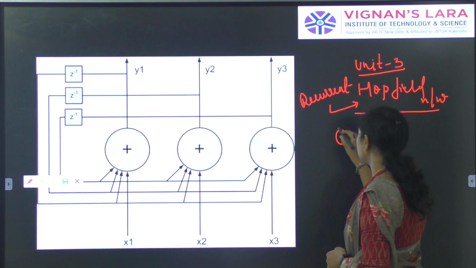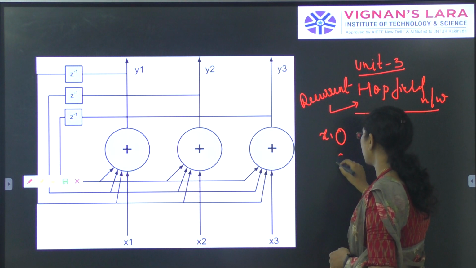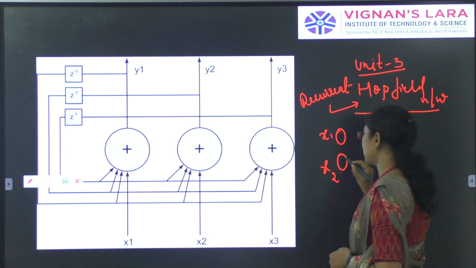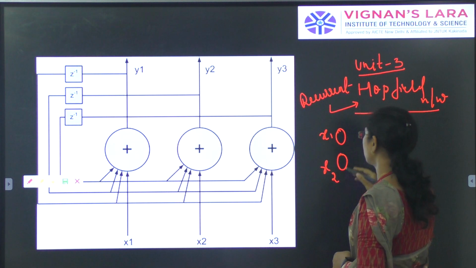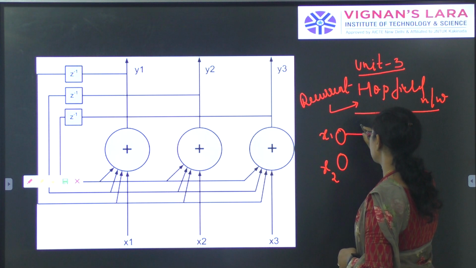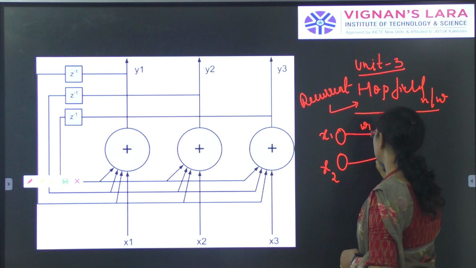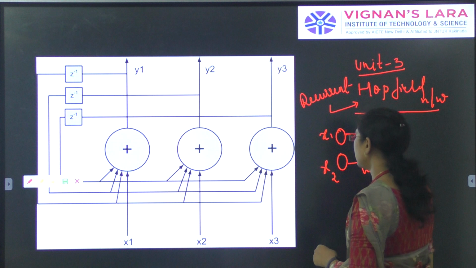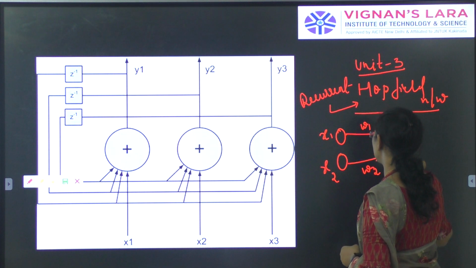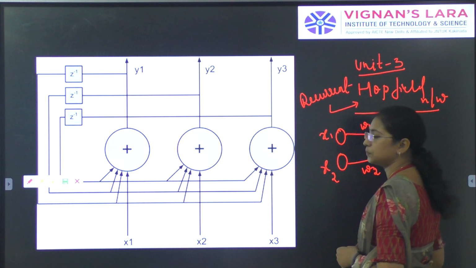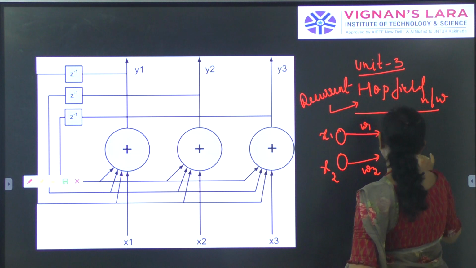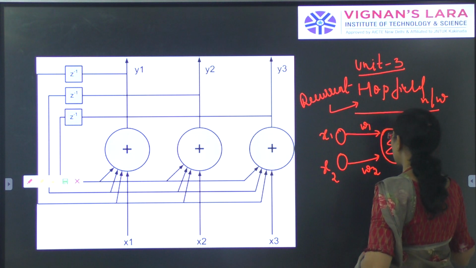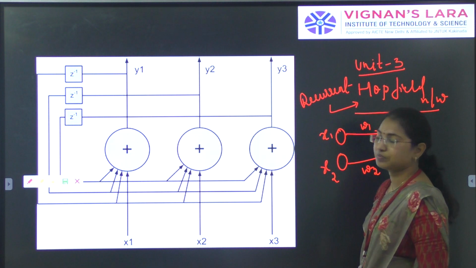So let us consider x1, x2 as the two inputs which are transmitted through two weights w1, w2, and this information is fed to a summation block. What is the output at the summation block?